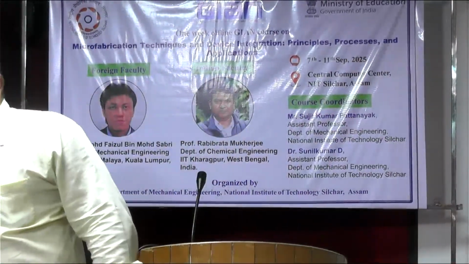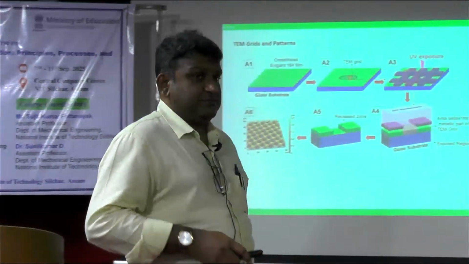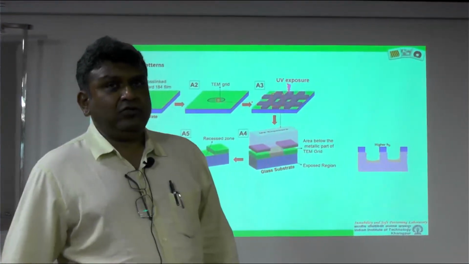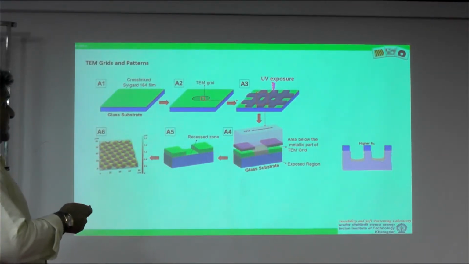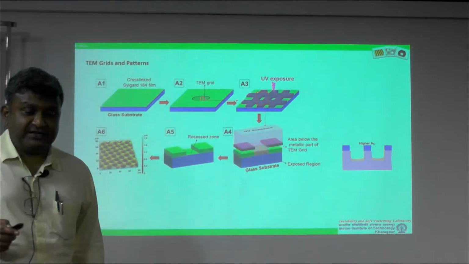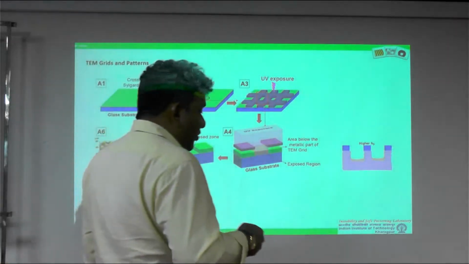What a lot of people did before is that you take an elastomeric film, place a TEM grid and do a UV exposure. So what happens is this, remember I told you Sylgard is a silicon based polymer. If this polymer comes in contact with ultraviolet light, there is in situ dissociation of atmospheric oxygen, which combines again with oxygen to form ozone.